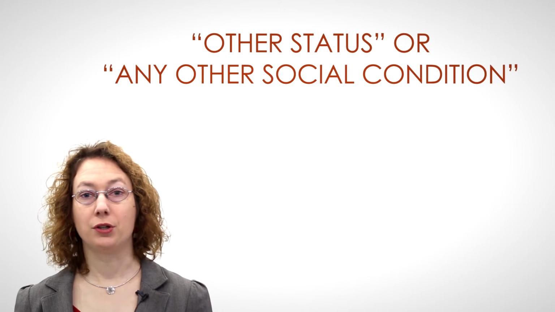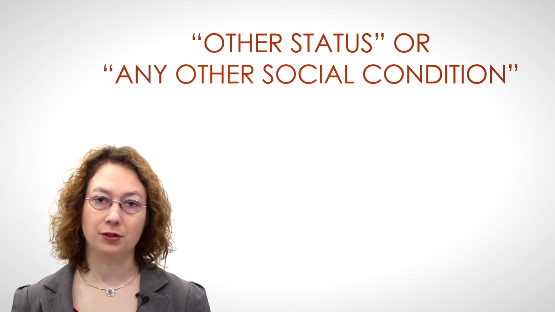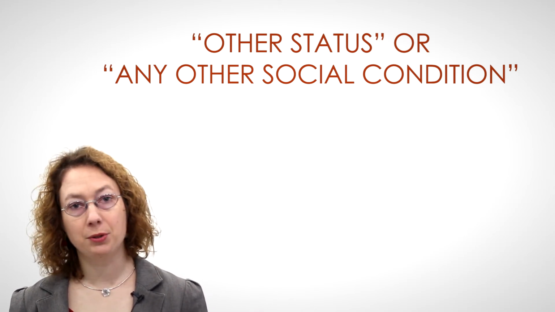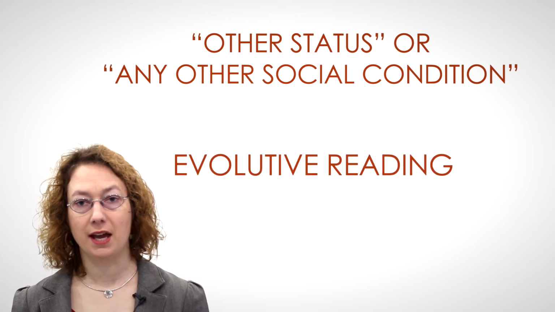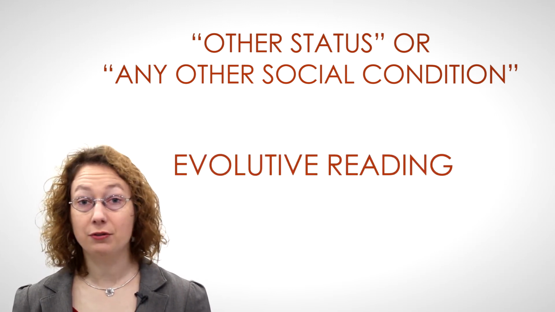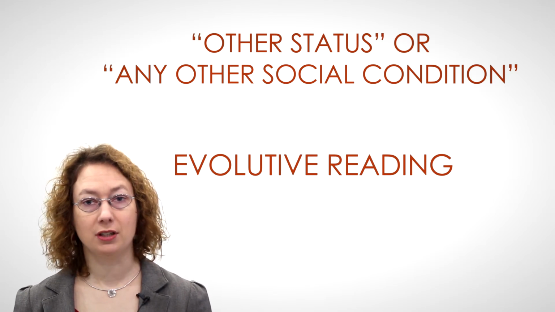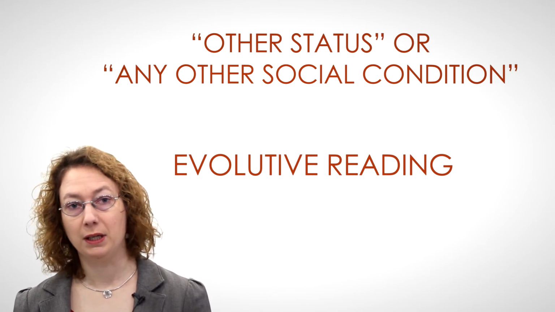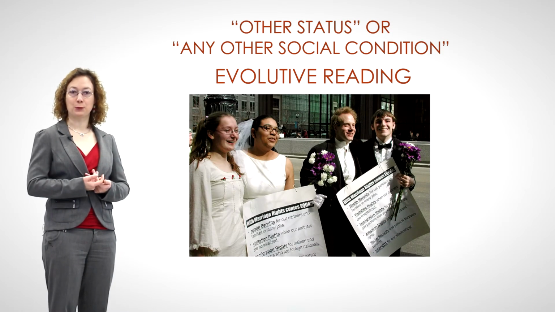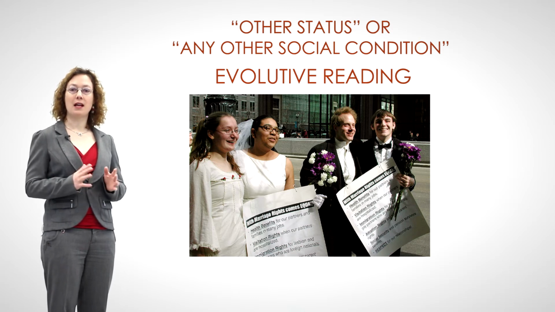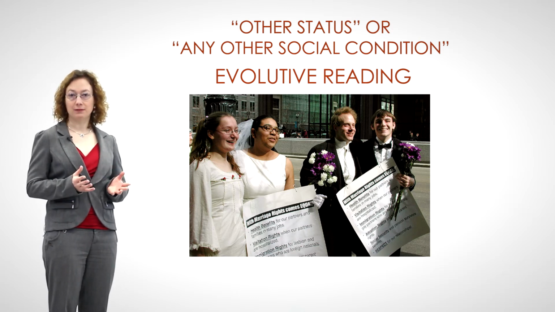This open-ended wording, which states have given to the prohibition, has allowed tribunals and committees to apply an evolutive reading to these categories, including over time new grounds of discrimination that societies had not been aware of earlier. Thus, disability, sexual orientation and gender identity as prohibited grounds were, for example, introduced through interpretation.